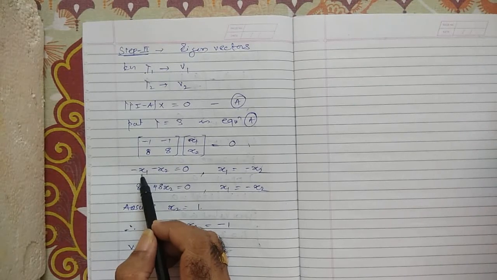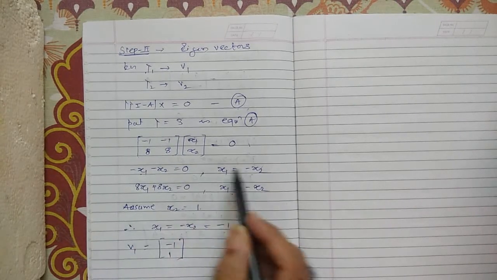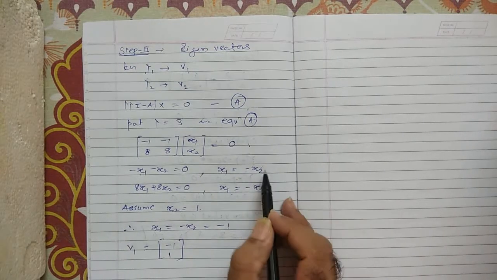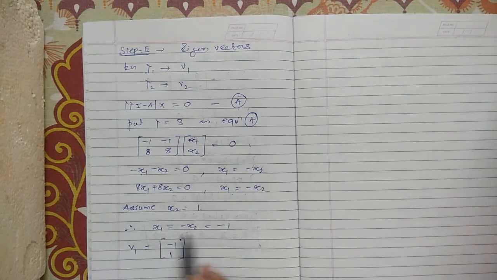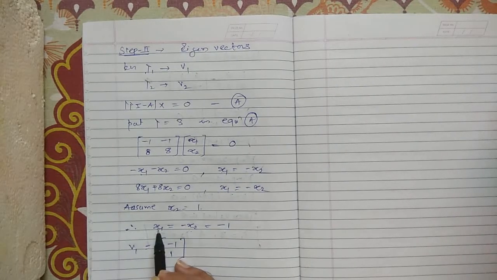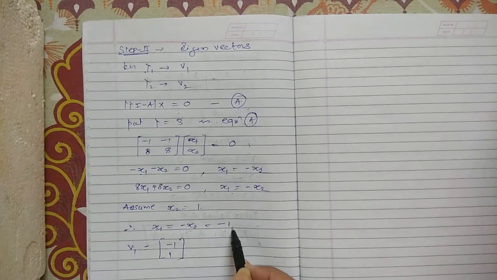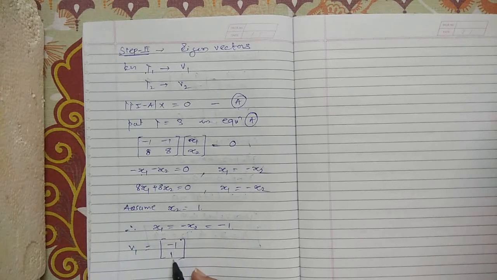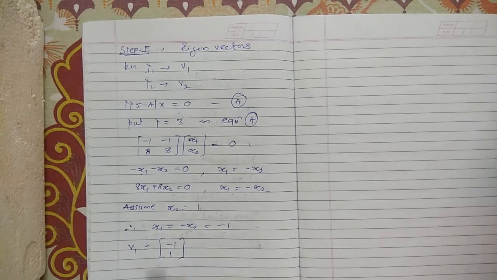It should be non-zero, which holds if x2 is not 0. So I assumed that x2 equals 1 and got x1 equals minus 1, which is a non-zero value. So I got v1 equals minus 1 and 1. This is my first eigenvector.